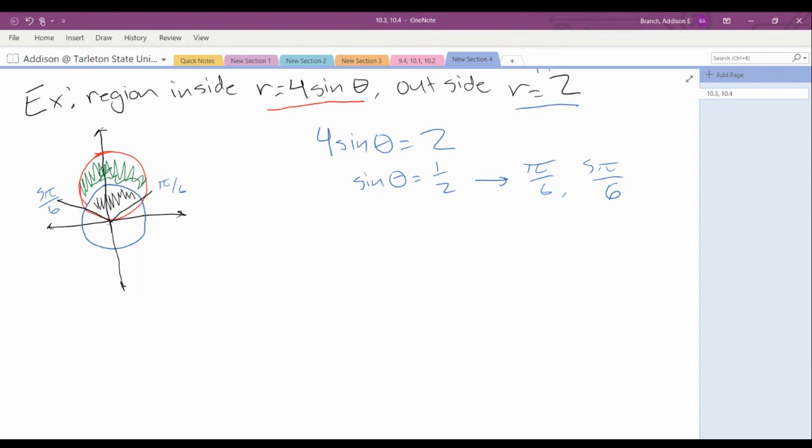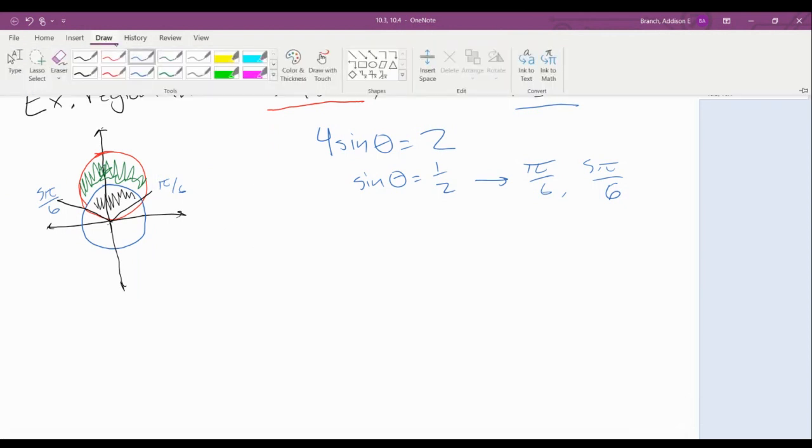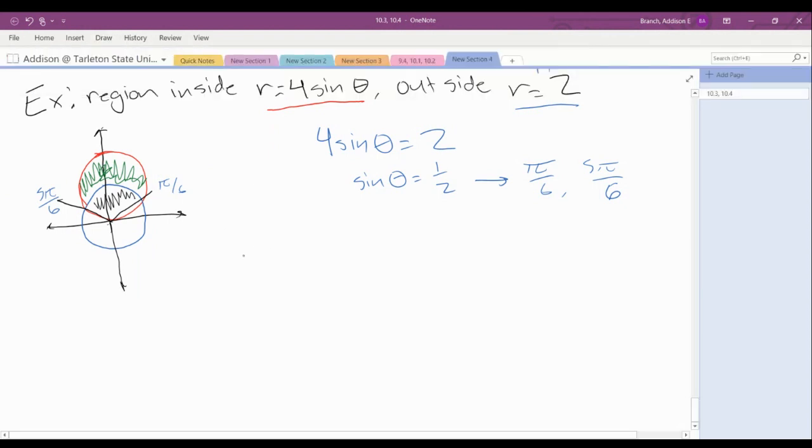So now that we have our bounds, we can go ahead and set this up. We're going to have our area is equal to 1/2 going from pi over 6 to 5 pi over 6.